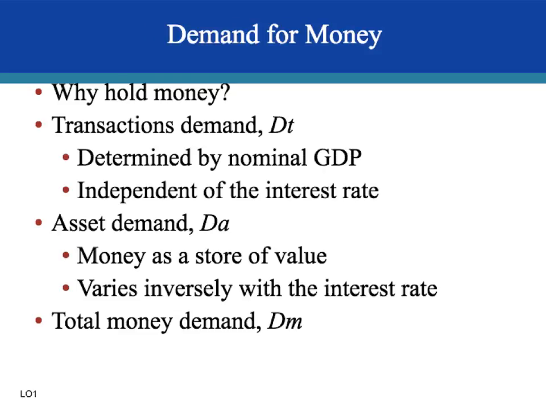However, if interest rates are what they are around now, like 0.1, 0.2, 0.3%, which is incredibly low, then the opportunity cost of holding your money as cash is not so high. And so households tend to hold a higher quantity of their money in liquid form when interest rates are low.